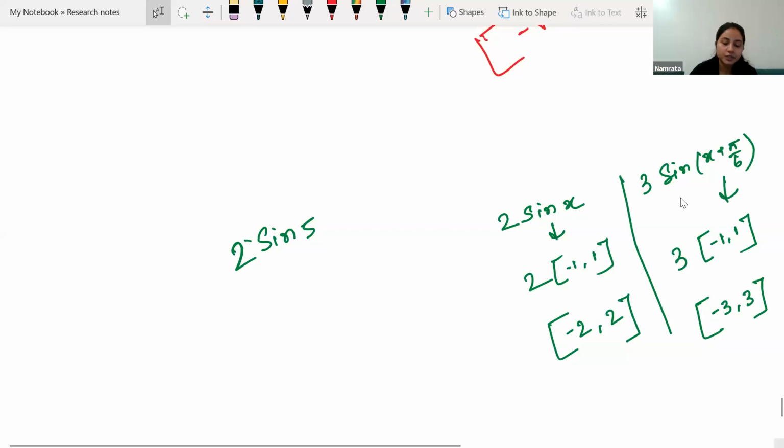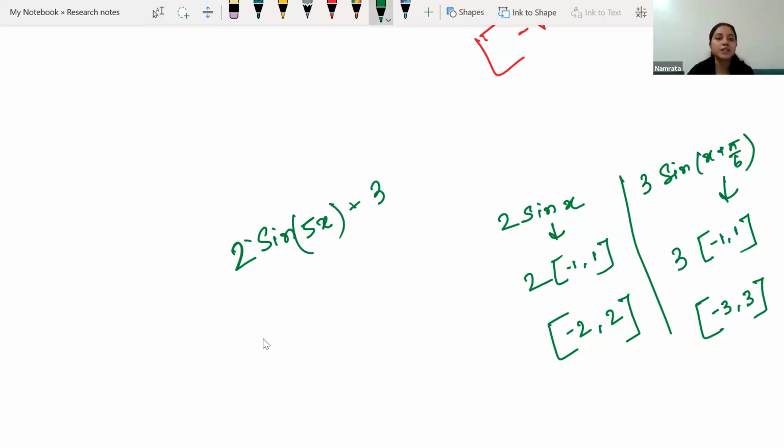If we have 2 sin 5x, the range of sin 5x will be -1 to +1. If 2 is outside, it will be -2 to +2.